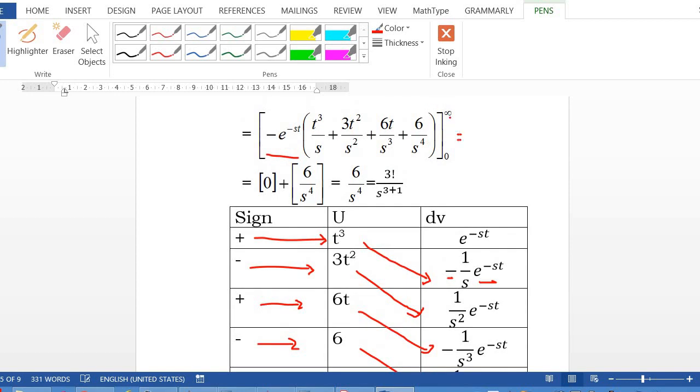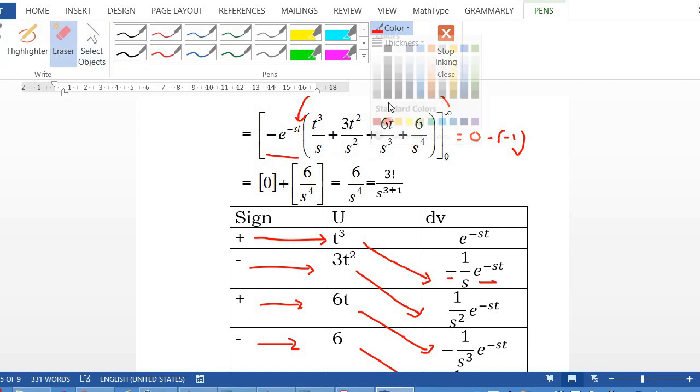Then you substitute the upper limit, t by infinity, exponent negative s infinity is 0. Substitute t by 0, exponent 0 is 1, so negative 1.